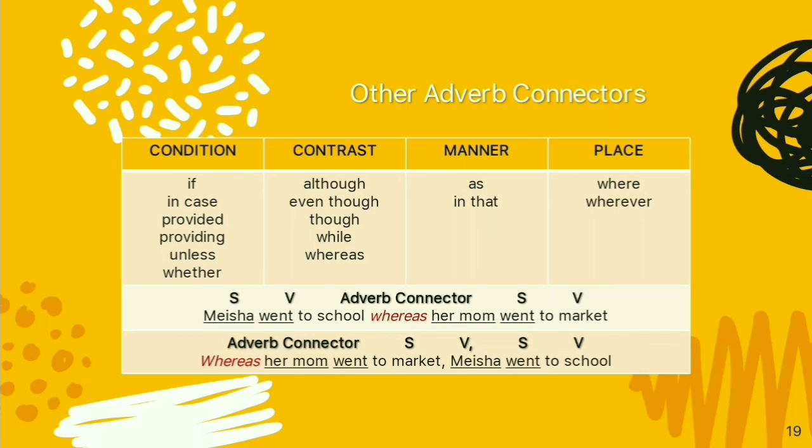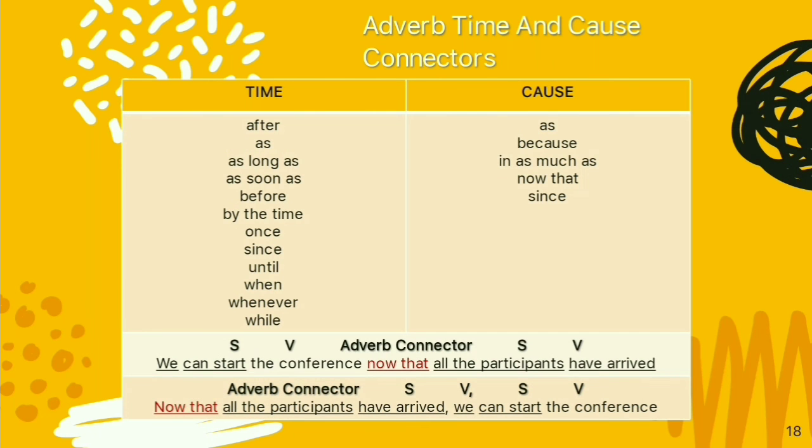The formula is subject, verb, adverb connector, subject, verb. Or adverb connector, subject, verb, comma, subject, verb. Okay, the formula here is exactly similar to the formula before.